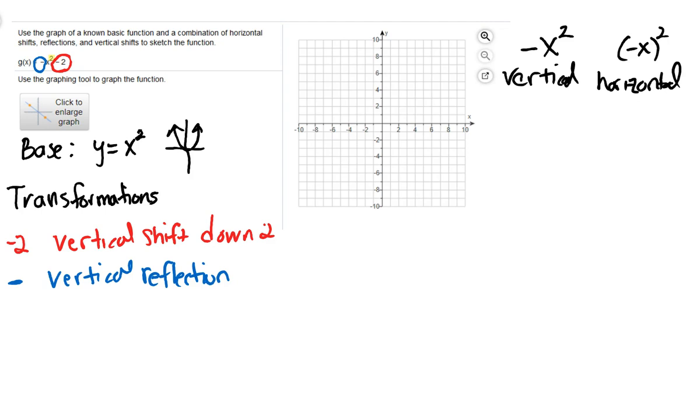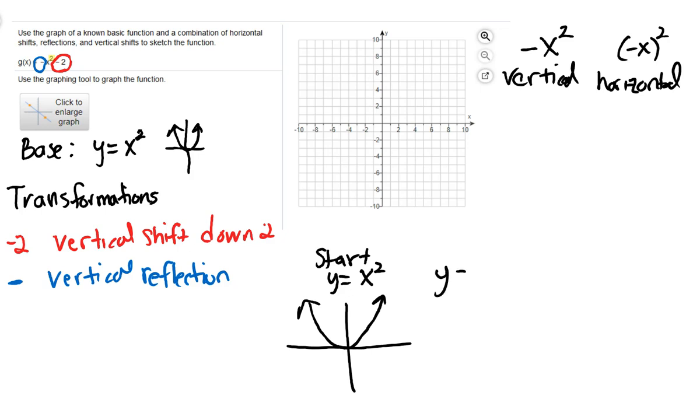So now we're going to graph this equation with this knowledge. What we do is we start with y equals x squared. So that's a graph that, just a quick sketch, looks like this. Then we are going to do the vertical reflection. So if I were to throw in that negative, what that does is it gives you a mirror image going over the x-axis.